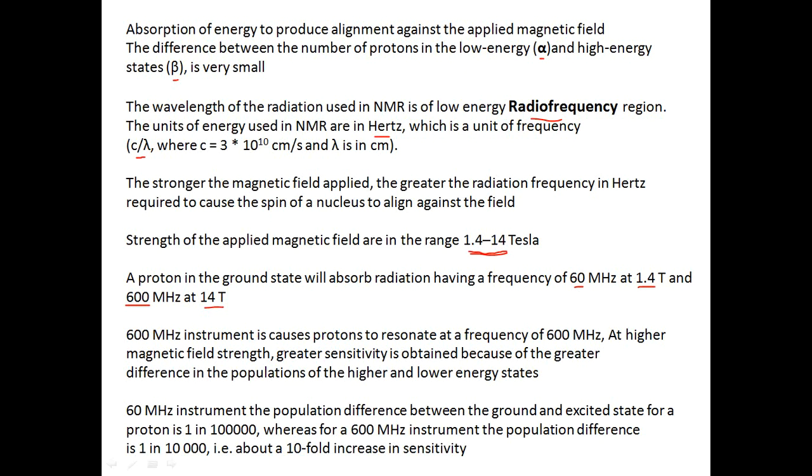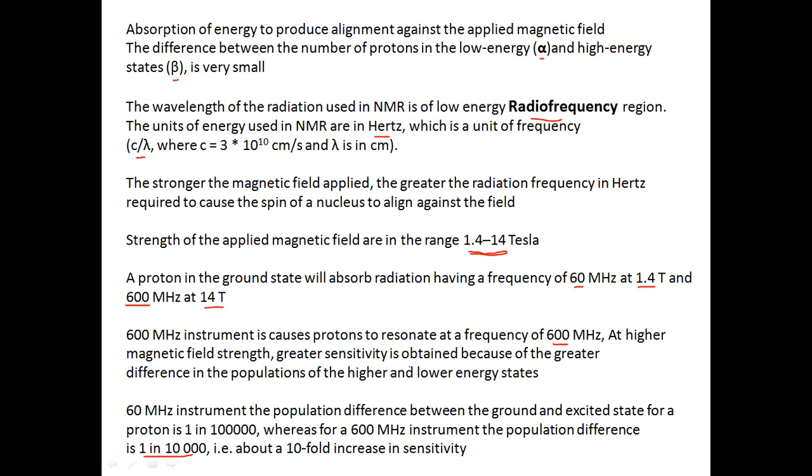So a 600 megahertz instrument causes a proton to resonate at a frequency of 600 megahertz, at the higher magnetic field strength, that is 14 Tesla. That increases the sensitivity, that is, the number of protons going from the low alpha state to the higher beta state is more.